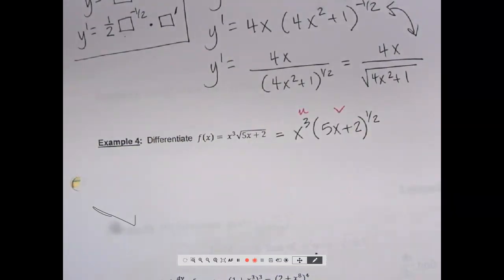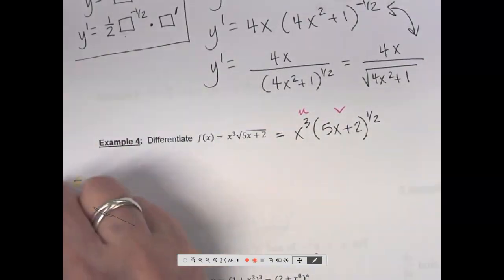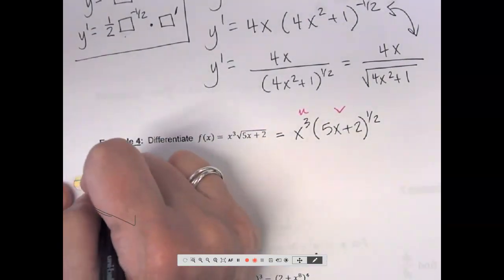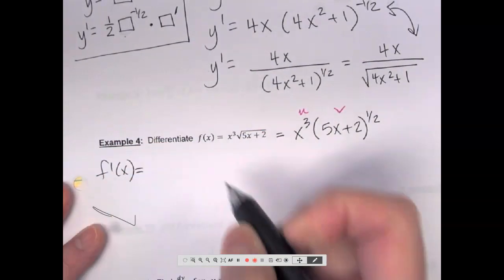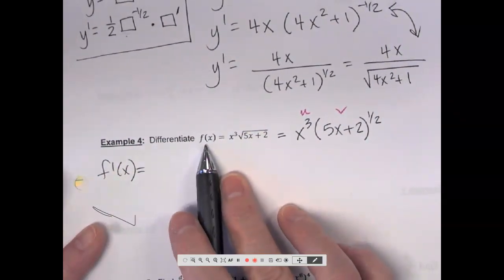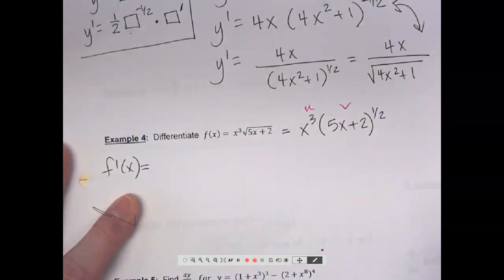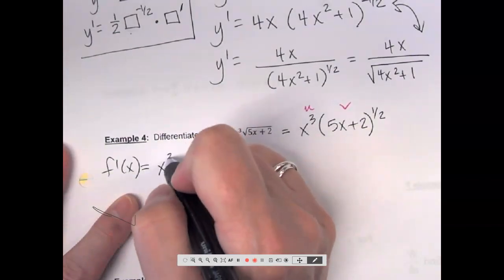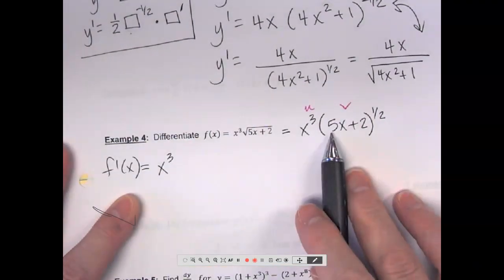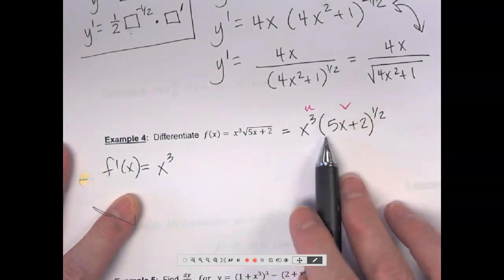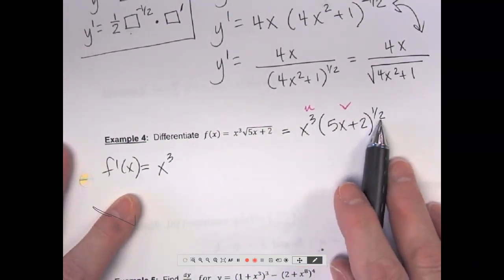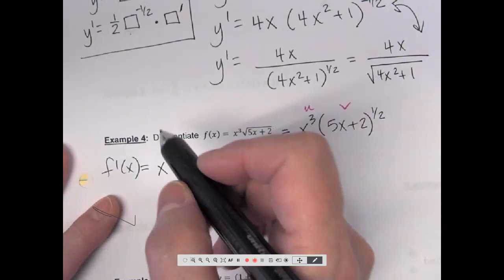So let's do product rule. Alright, so F prime of X. I'll use that because this was called F of X. Okay, so U V prime. Okay, so to take the derivative of V, I'm going to start with that outer function, that power of 1/2.